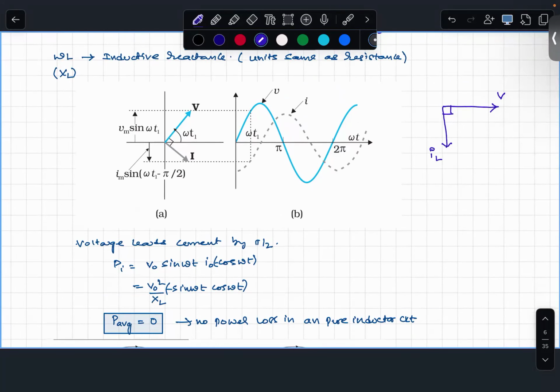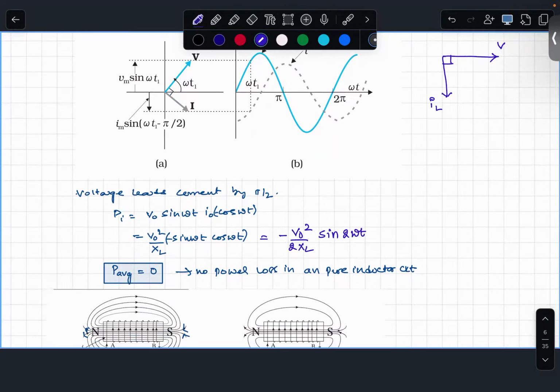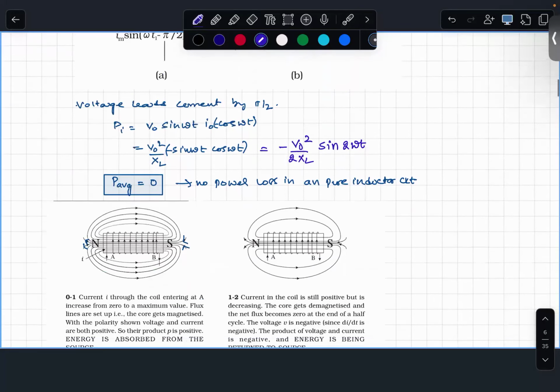Here voltage leads the current by pi by 2, that's for sure. And the instantaneous power you can see, this is how you can write the expression, or even to further modify, this V naught square by 2XL times sin 2 omega t. The P average is 0. I have some graphical explanation also for this.